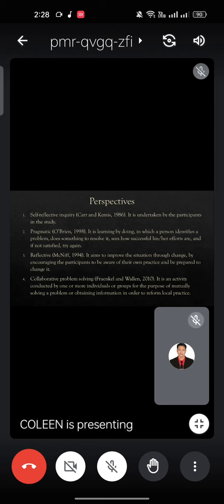It's a collaborative problem solving. The members of the group help one another in identifying the problem, gathering data, interpreting the results, summarizing the data, and presenting the data to the people concerned.